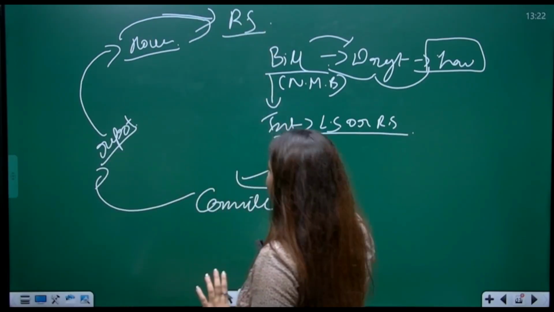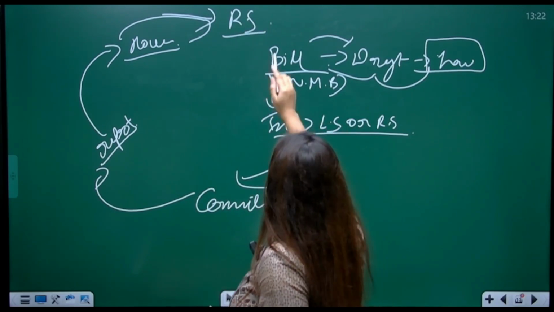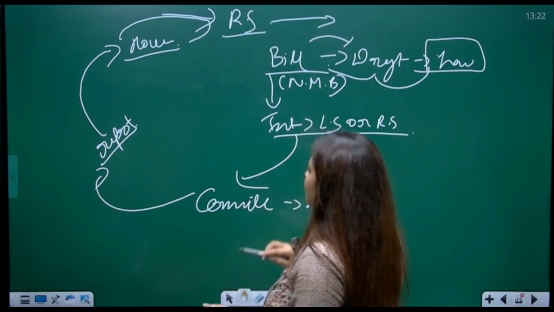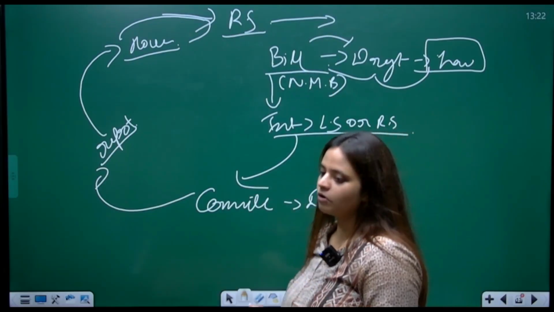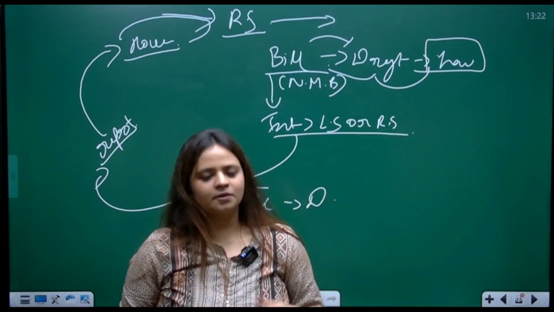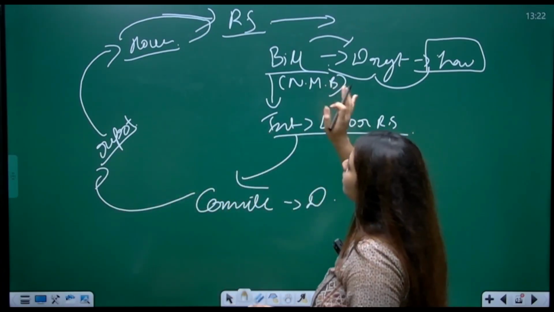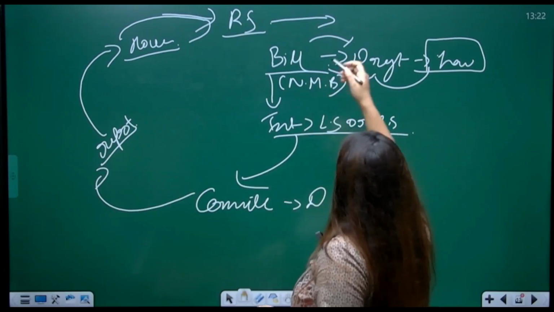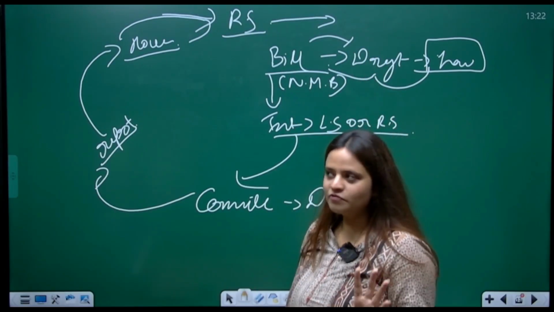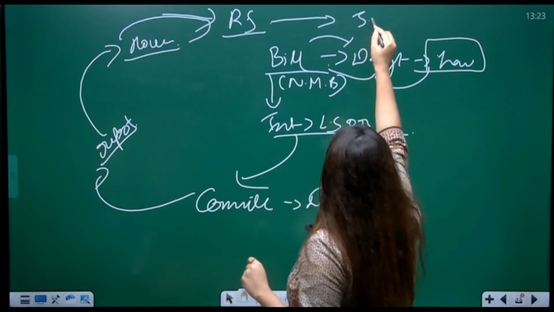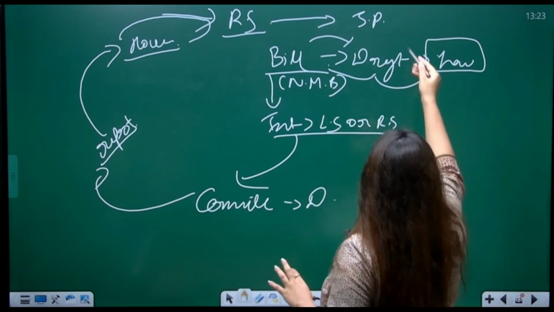Taking the example that the bill is introduced in the Lok Sabha, then it goes to the Rajya Sabha, and the Rajya Sabha can approve it or give recommendations suggesting it has to be improved. In case the Rajya Sabha doesn't approve it, there is a joint parliamentary meeting, which we'll read about later.